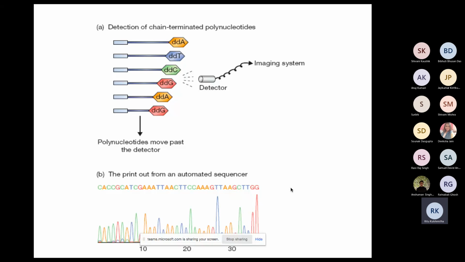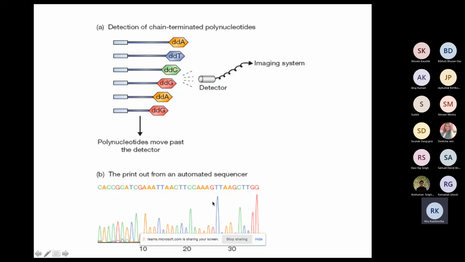So many times you get both strands sequenced and then come to a conclusion. If they both give the same sequence, it means that the sequence is right, or you have to get it resequenced if you are getting overlapping peaks.